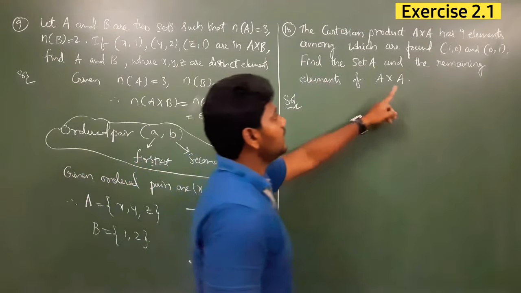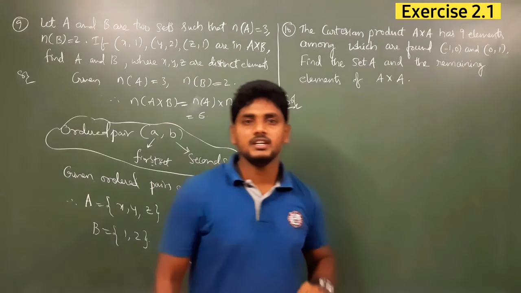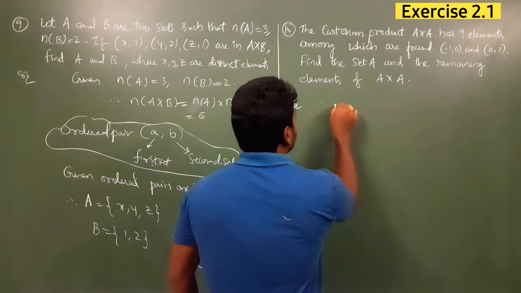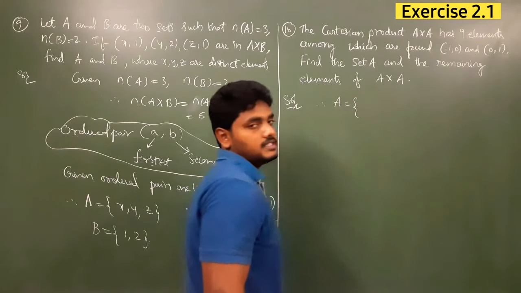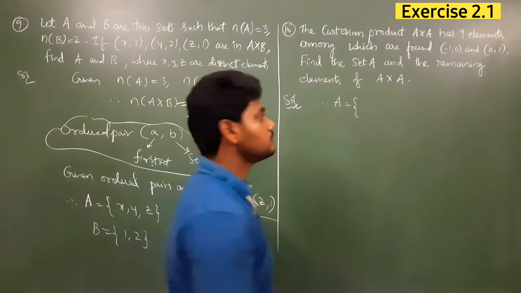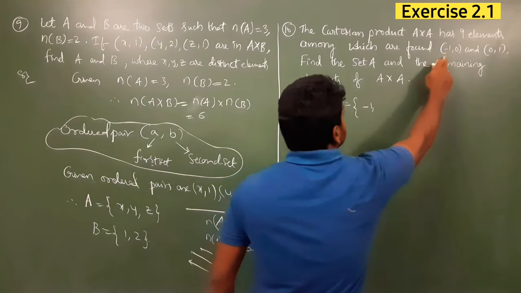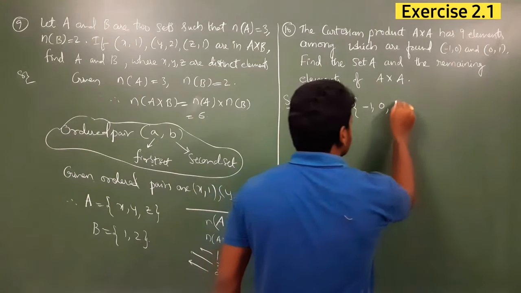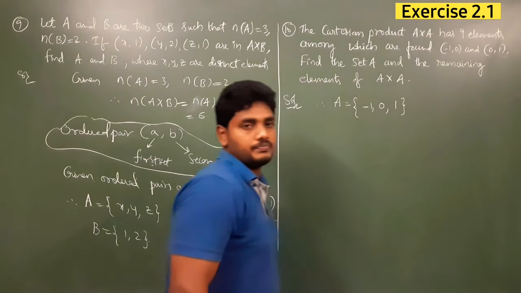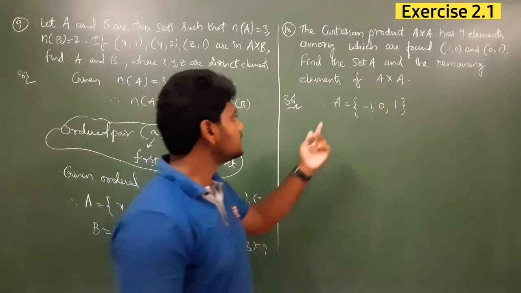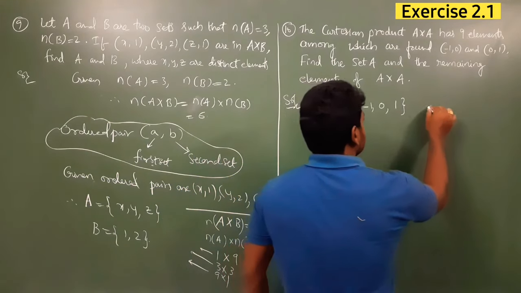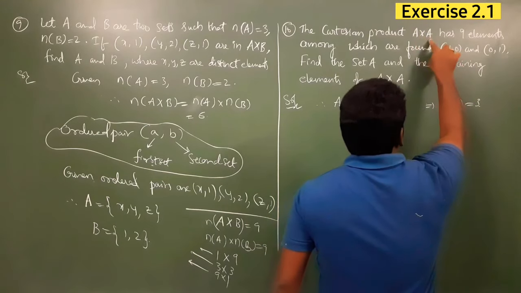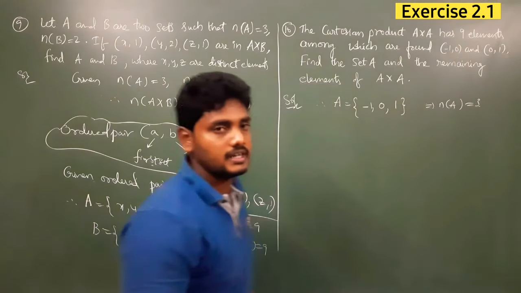Now here both are A and A, so both the first and second elements belong to set A only, right? Therefore, what is A from that given? The first and second elements also belong to A only. That means -1, 0, 0, 1. But 0 is repeated 2 times, so I will write it only once. So A is {-1, 0, 1}. Can you guess? n(A) is equal to 3. Then n(A × A) will be 9 only, right?